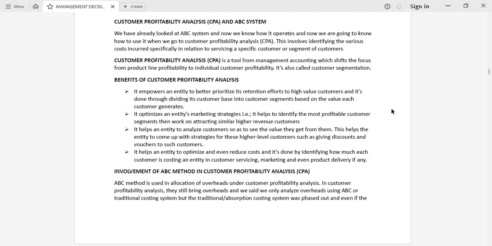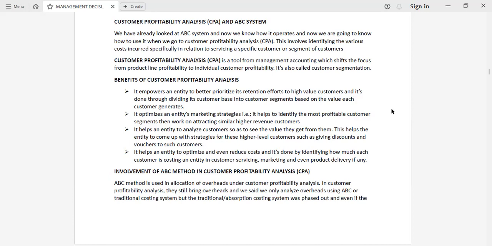So it helps us to know which customers are giving us a higher value. Those customers that are giving you more sales or more revenue are the ones you look at and say these are my valuable customers. And you can only do that by doing what we call the customer profitability analysis.